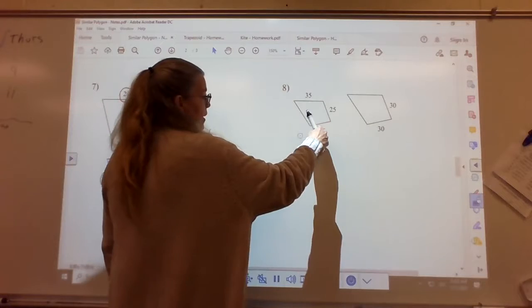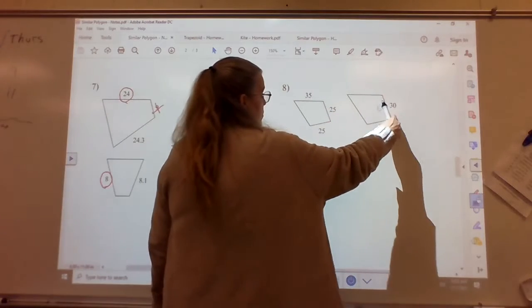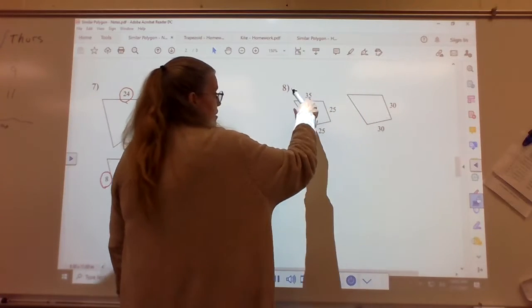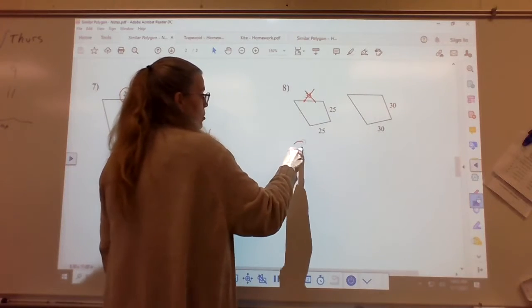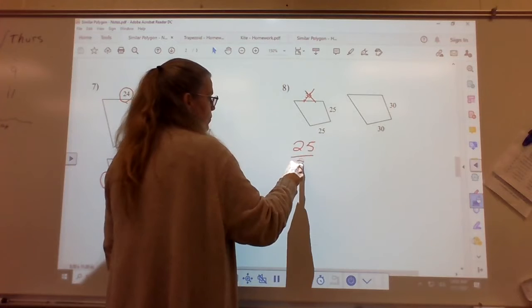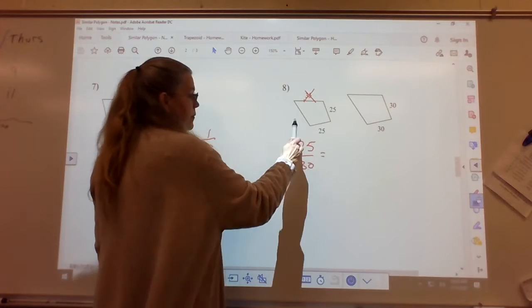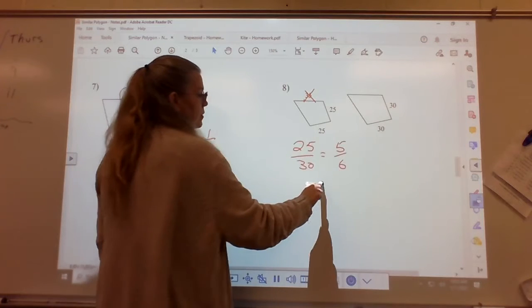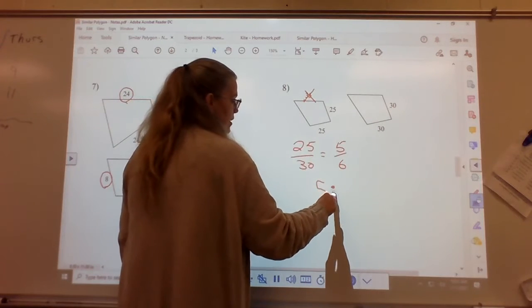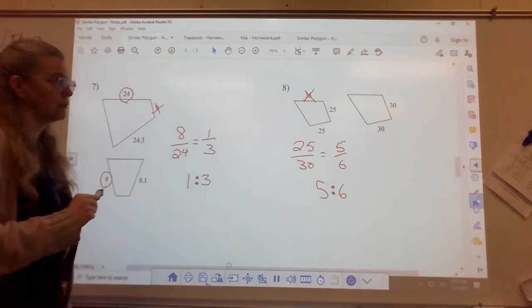The 25s go with the 30s here. This 35 doesn't have a match, so I can't use the 35. So 25 over 30, they both divide by 5. I get 5 over 6. So my scale factor is 5 to 6.